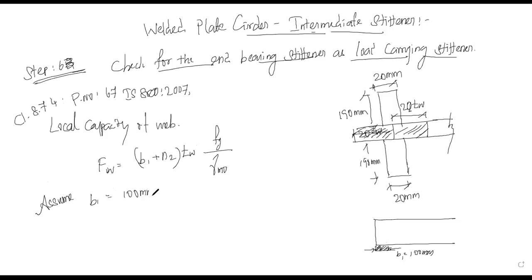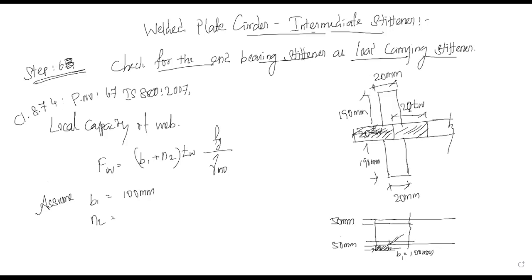So b1 I am assuming as 100 mm. n2 is nothing but our dispersion. Here I am using 50 mm as our flange plate thickness, and from here it is going to spread.